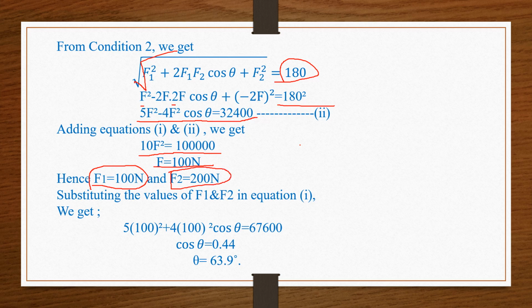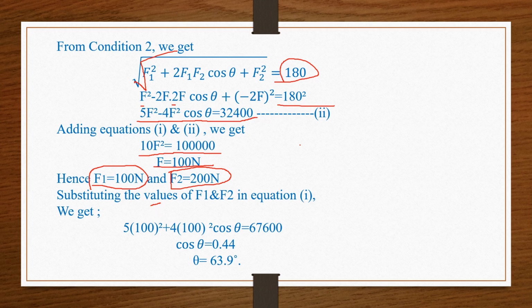Substituting these two values in equation 1 or equation 2, whichever, we get the theta value. In equation 1, 5F square plus 4F square cos theta equals 67,600.